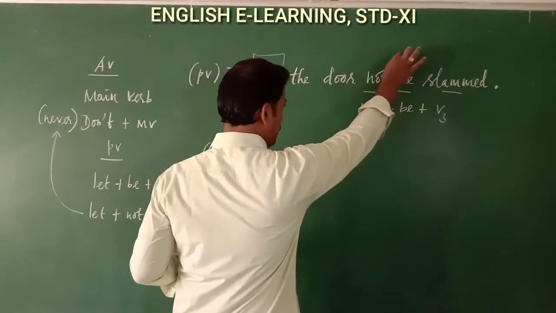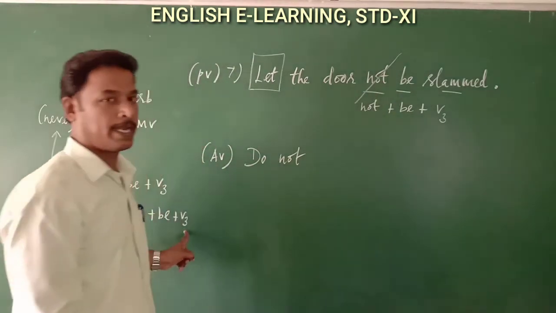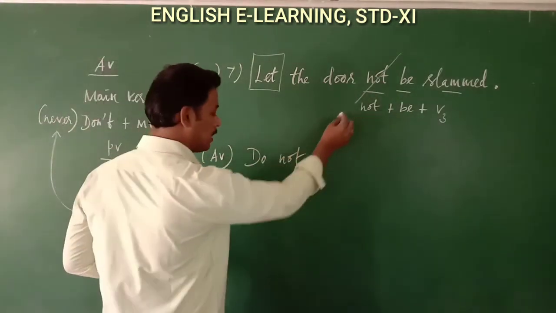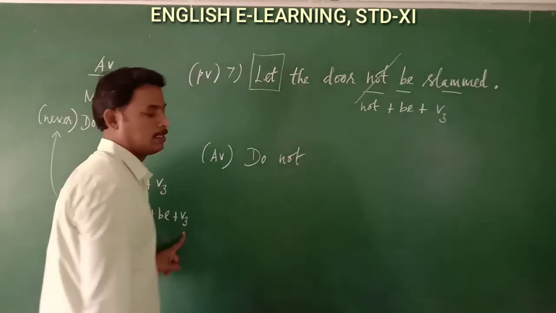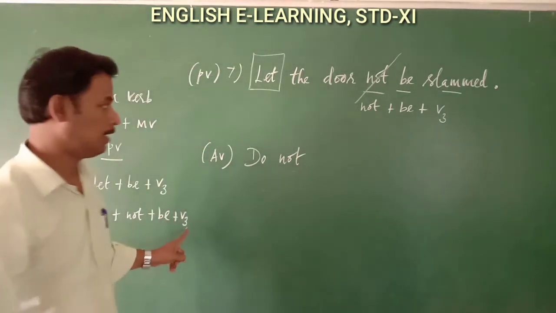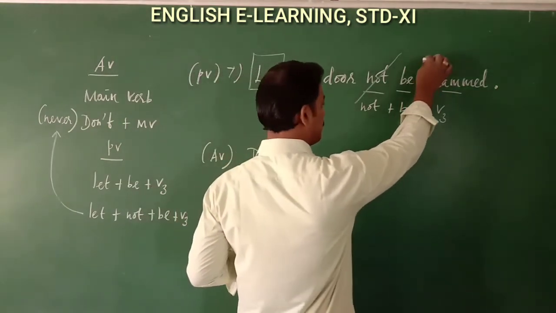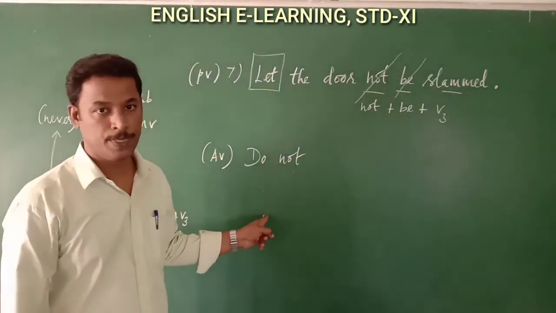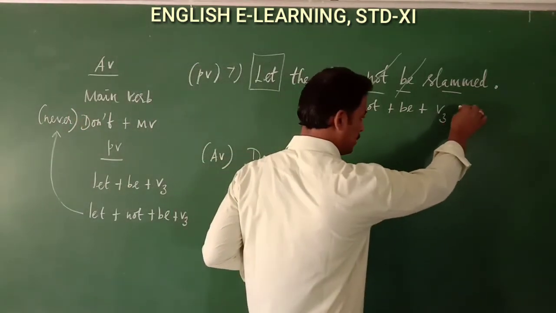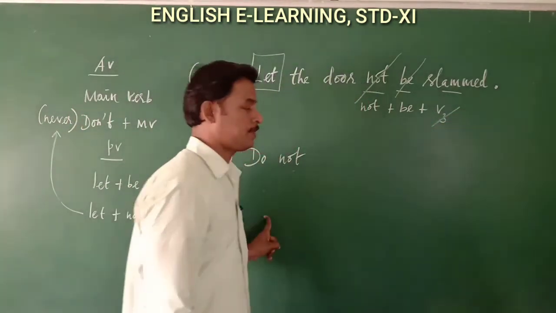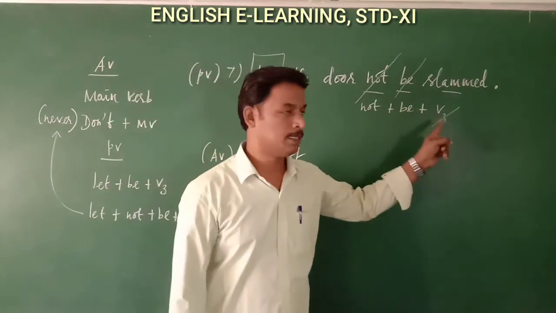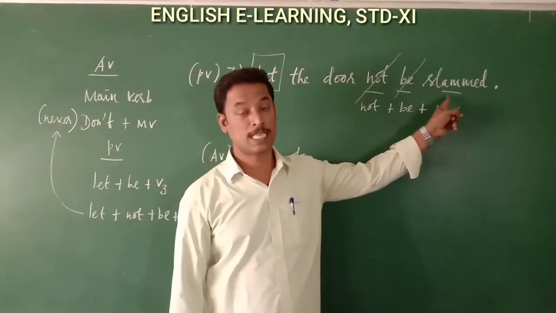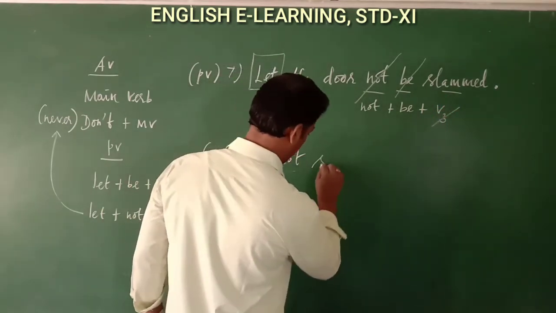Next we have to remove the negative term not, because that not is converted as do not. Then we have to cancel the verb be and the verb 3, and we must add the base form of this verb. The base form of slammed is slam.